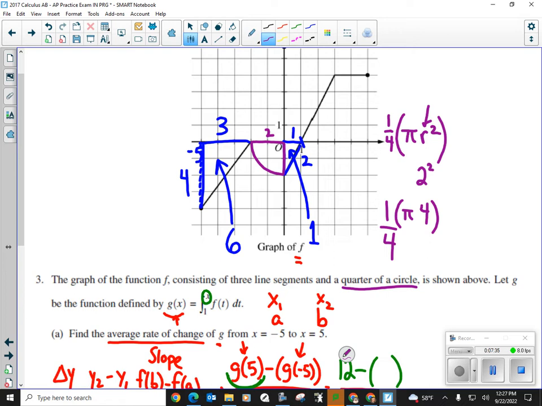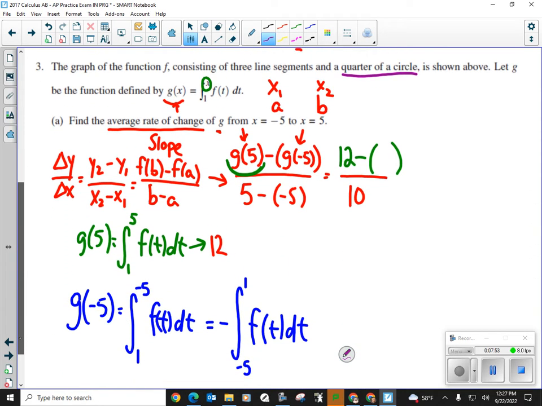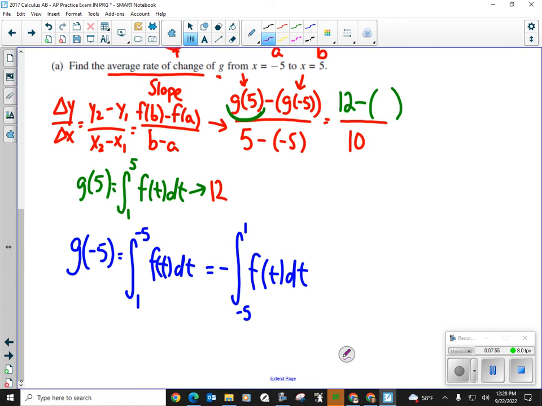I told you the math is easy. Boom, boom. It's just pi. This area is pi. I add them all together. 6 plus pi plus 1 is 7 plus pi. That's my whole area. Don't put the pi in the, leave it pi.